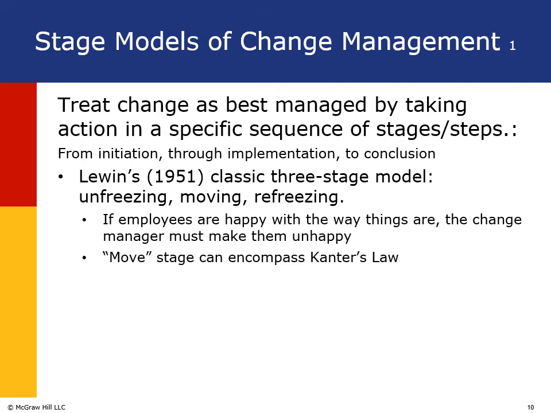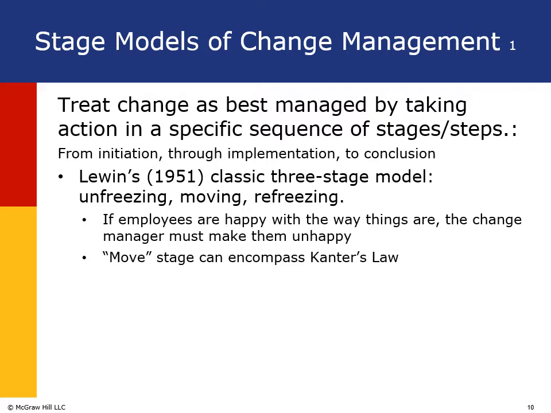Okay, Giant team members, in this video lecture, we're going to look at the stage models of change. In the last video lecture, we talked about the checklist models for change. The stage models are a little more robust, a little more encompassing.